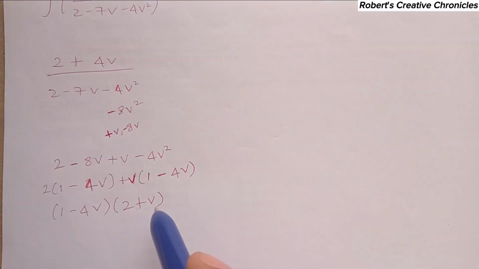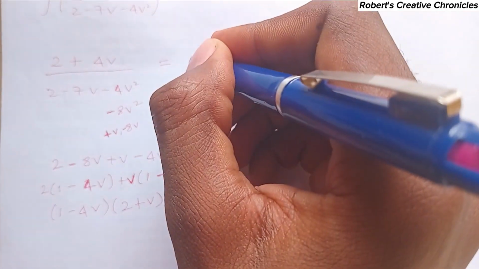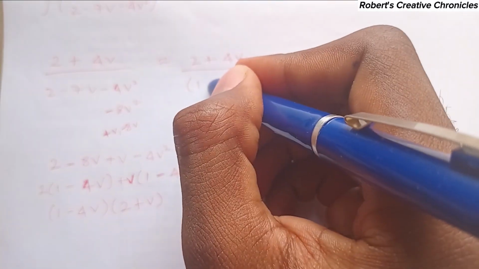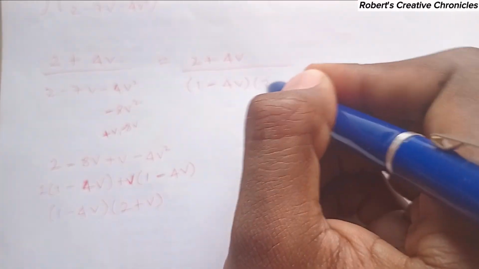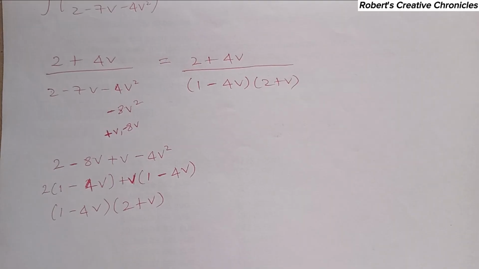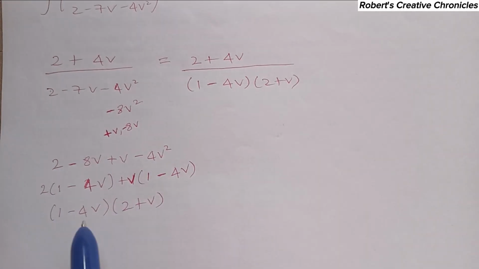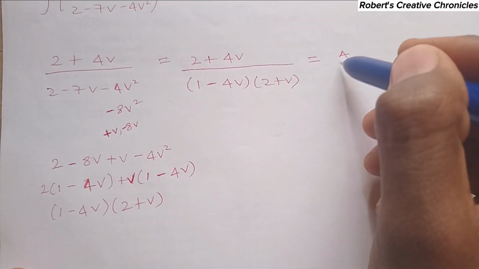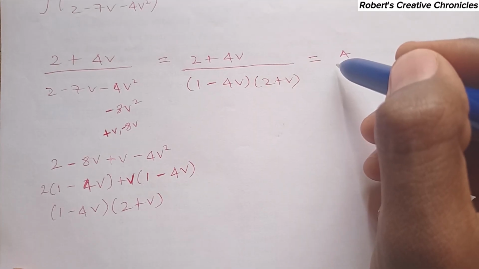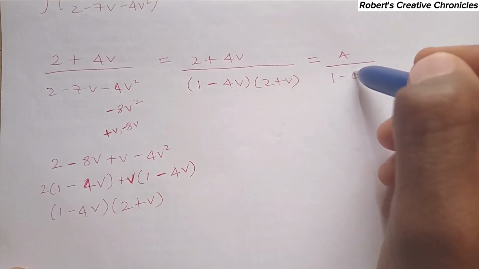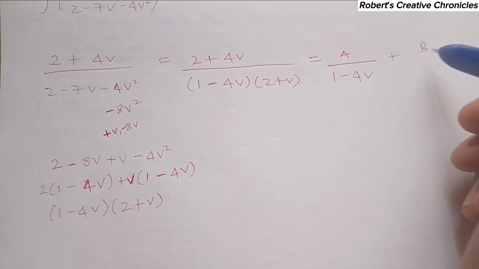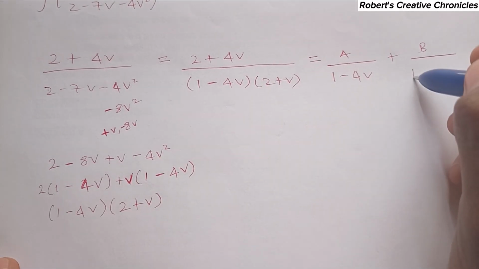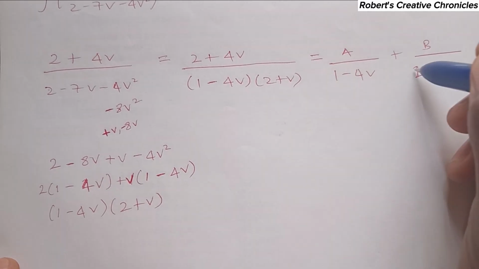So now we can express this as 2 plus 4v over (1 minus 4v)(2 plus v). So now we can say the partial fraction will be A over 1 minus 4v plus B over 2 plus v.